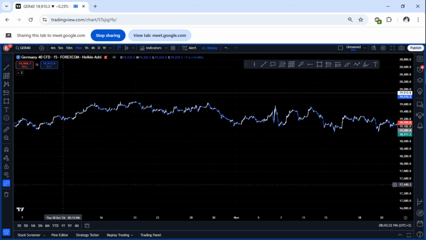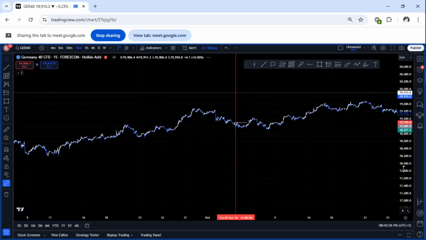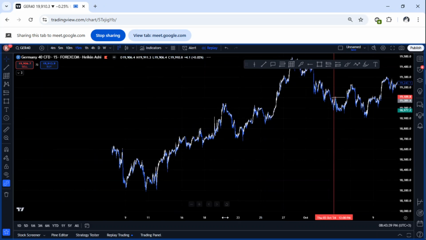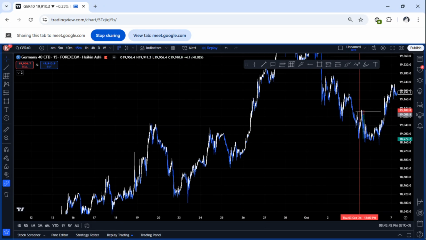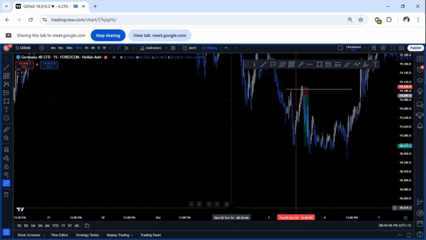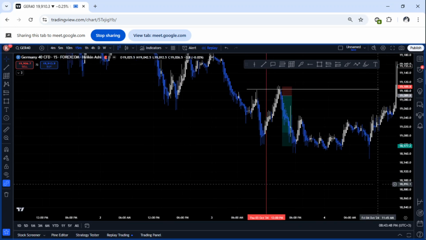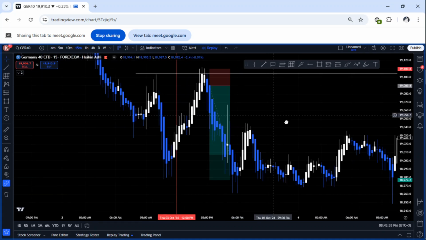So this is October. Here we go. Yes. Now if you go to Heikin Ashi, you will realize that 5 minutes is just nearly one candle of 15 minutes. Two double 5 minutes close.